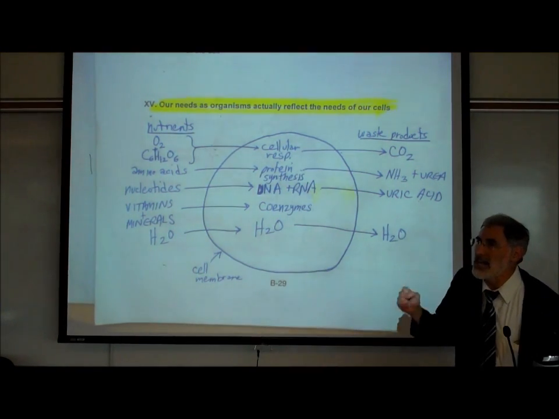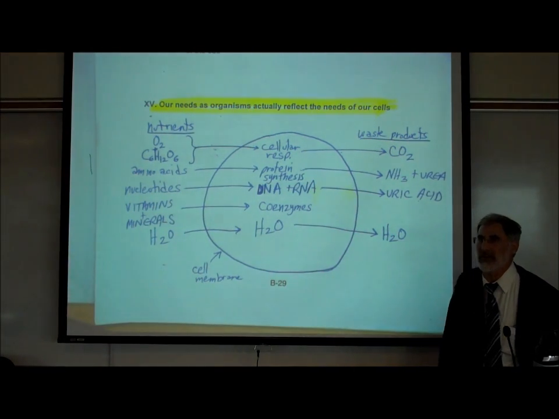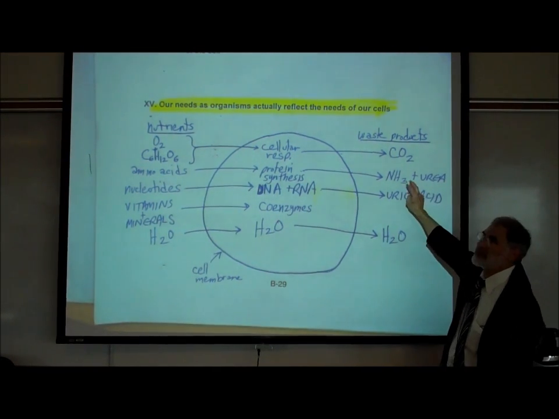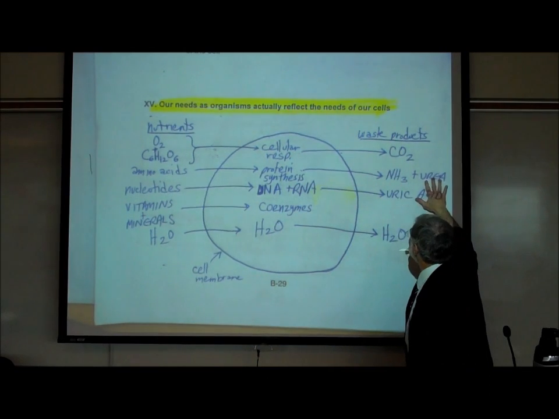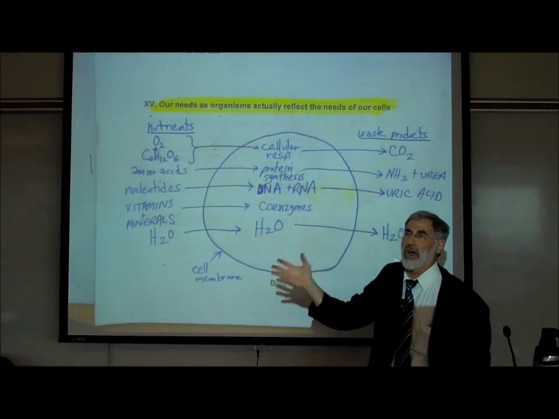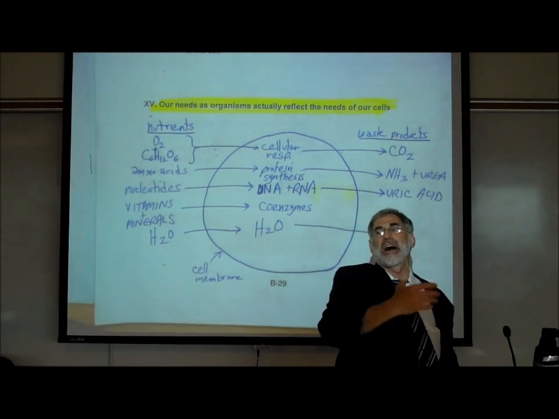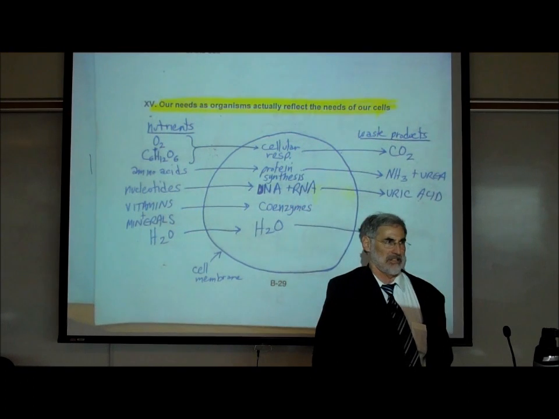The reason why you have kidneys, a urinary system, is you have to get rid of these waste products. Ammonia and urea and uric acid are waste products produced by the cells of our body. These waste products are eliminated from our body by your kidneys, by your urinary system.